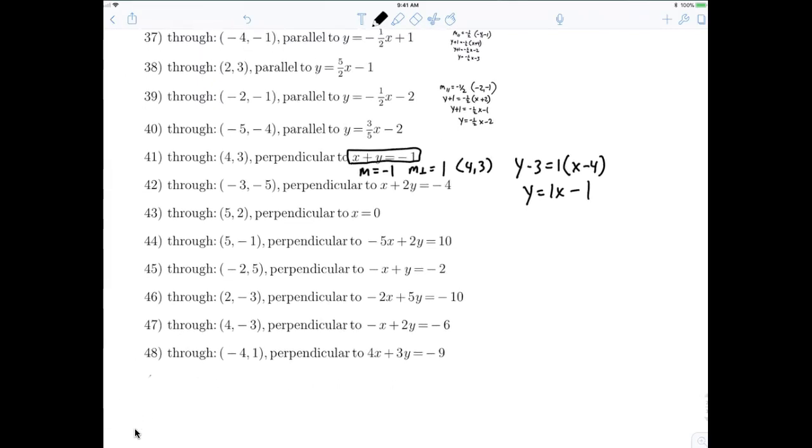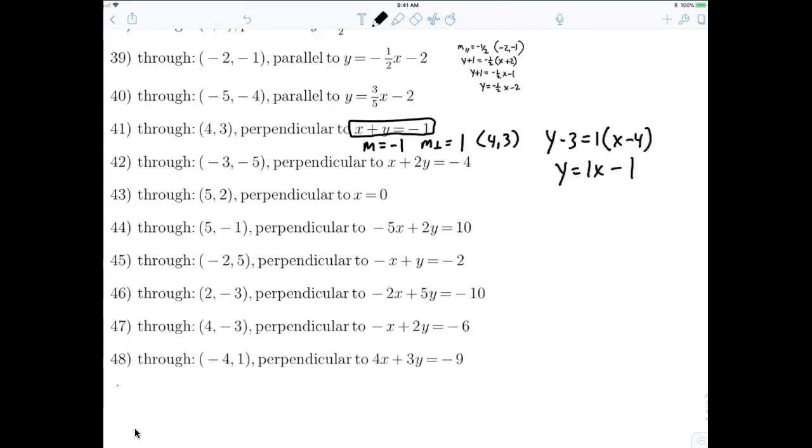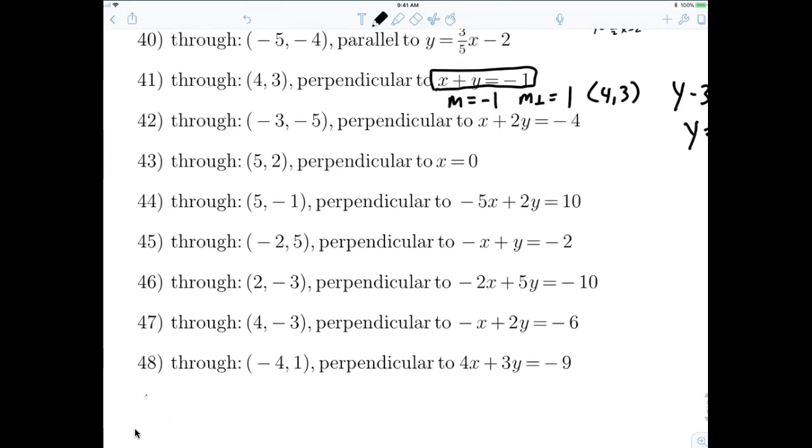Alrighty. What about if we're perpendicular to x equals 0? x equals 0 is the what axis? The vertical, which is the y-axis, right? So if I'm going to be perpendicular to that, I'm going to have to be horizontal.